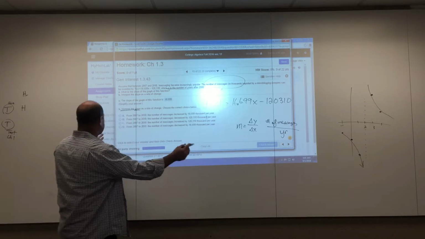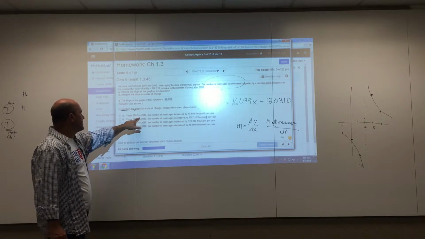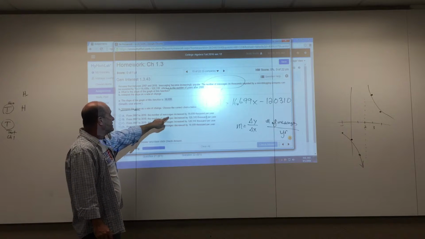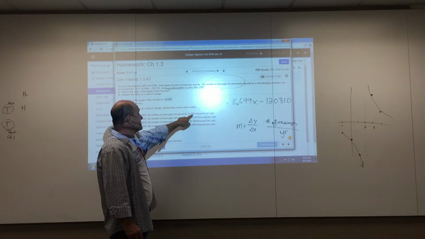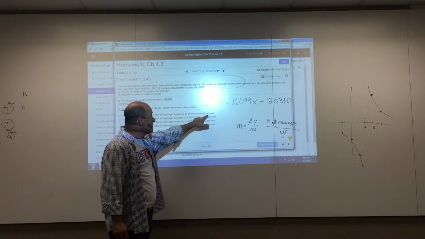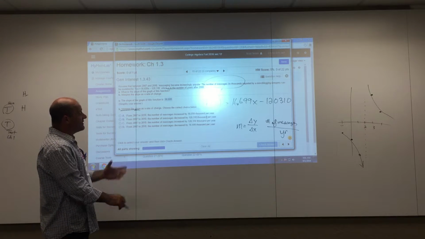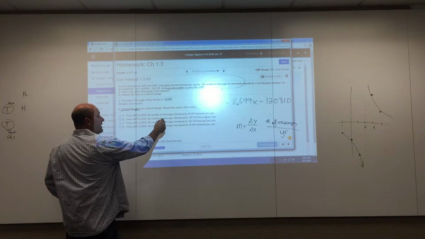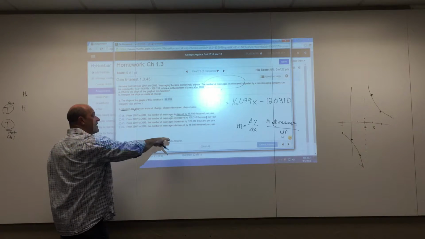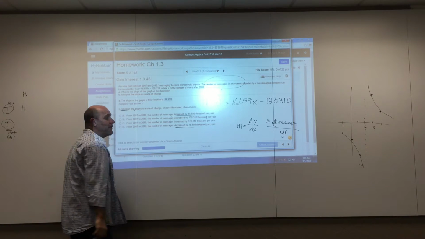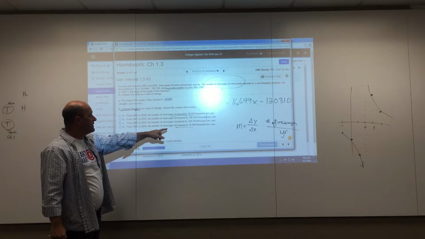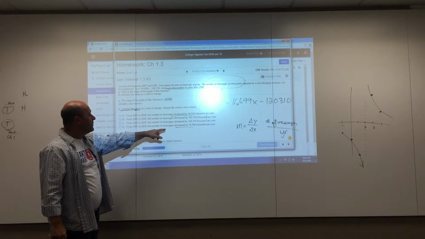And apparently, let's see what this says. From 2000 to 2010, the number of messages increased by 16,699,000 per year. Yeah, I think that's the answer. It says it increased. Way down here in D, it says it decreased. What would it be if it decreased? What would be different?